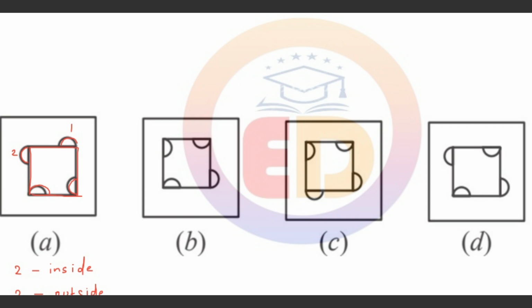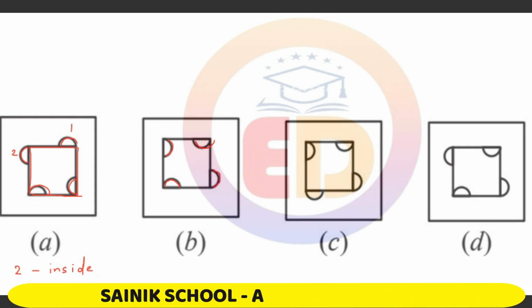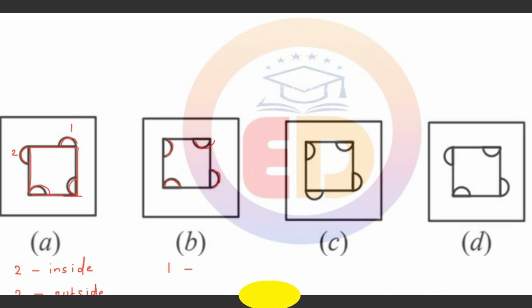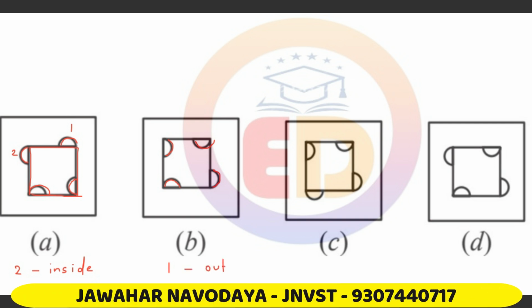In the figure B, we can see that there are 3 semicircles inside the polygon and 1 semicircle outside.